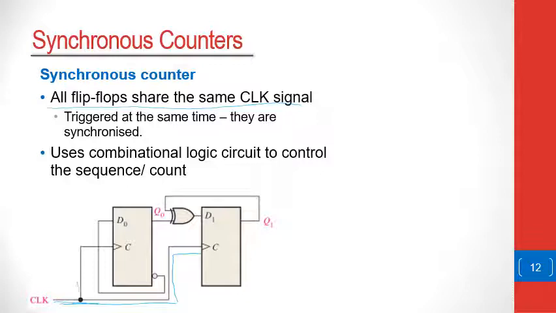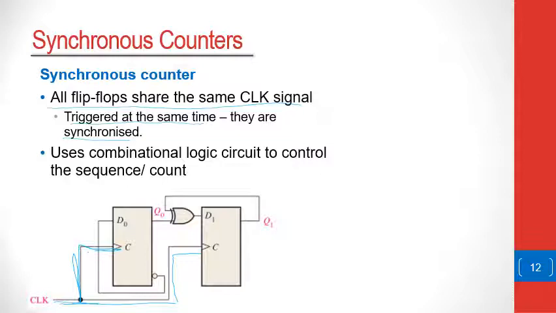The clock signal also goes to flip-flop number 1. The good thing about this is that all of these flip-flops are triggered at the same time, and therefore they are synchronized. Because of that, we call this counter a synchronous counter.